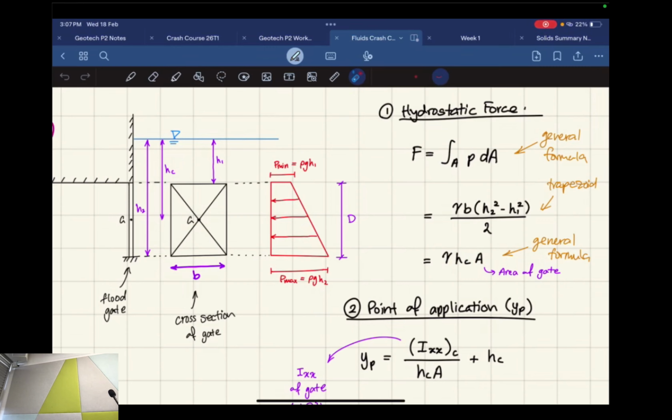You don't know. It might be here, might be here, might be here. For a rectangle, really easy. It's going to be right in the middle. Okay? For a circle, right in the middle. For a triangle, I'm actually not too sure. But that HC value is the centroid of the gate, and A is the area of the gate. Yeah? So that's another way you can find F.